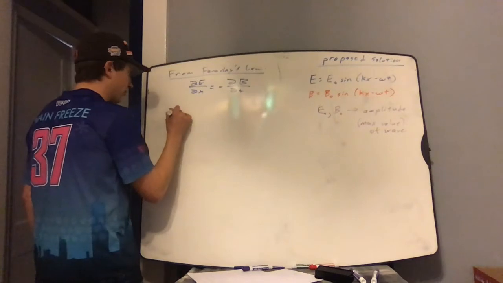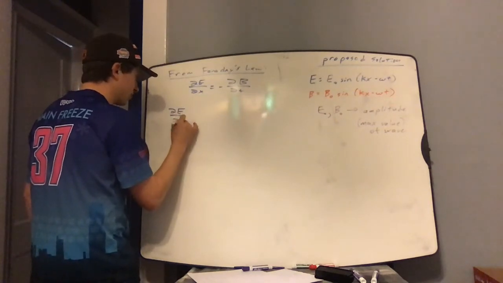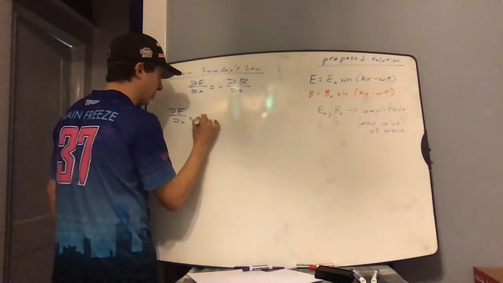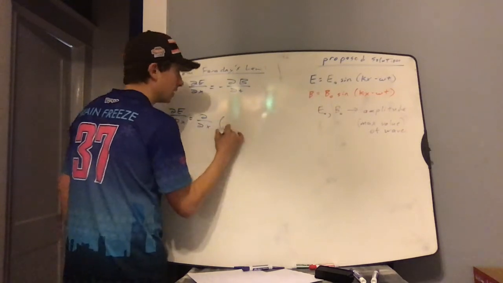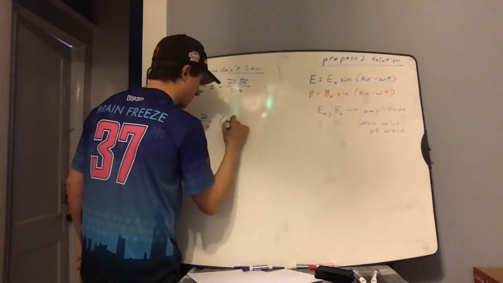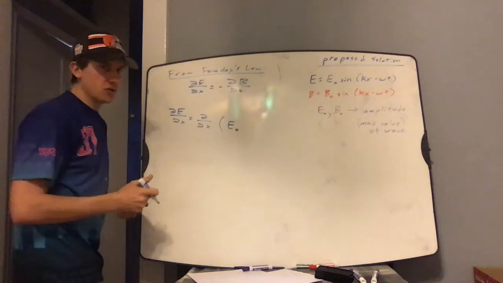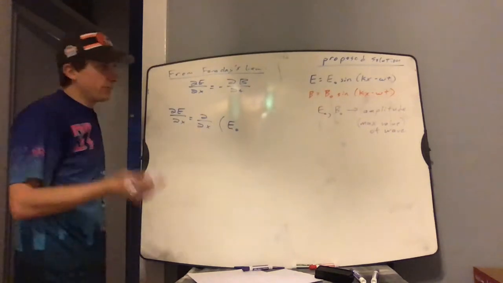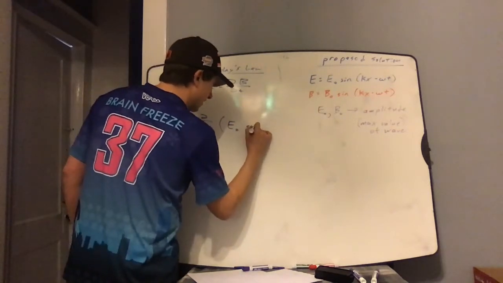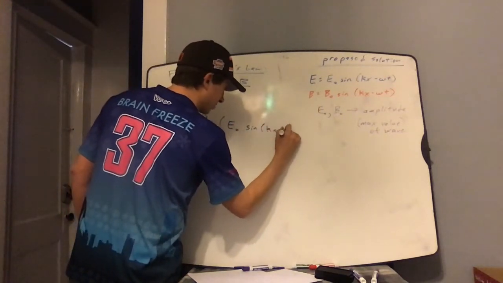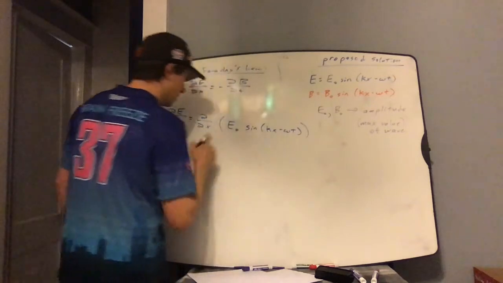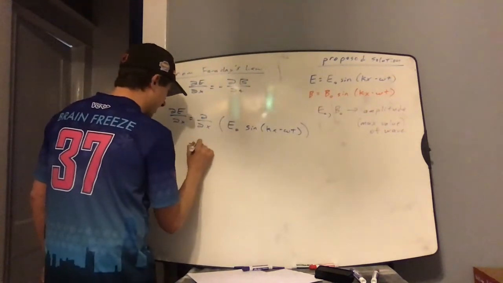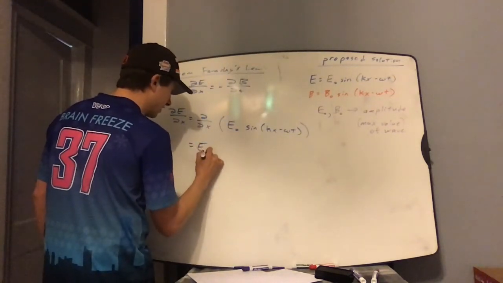So the partial derivative of E with respect to x is going to be the partial derivative of this entire thing. E naught, the amplitude or the max value of the wave, is constant, so that comes outside.